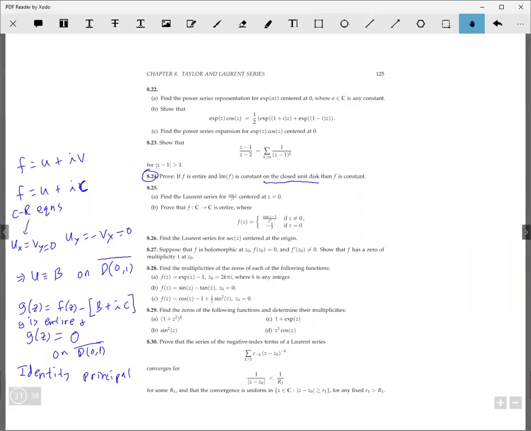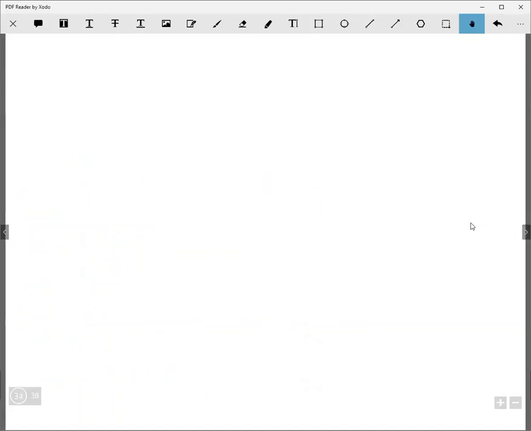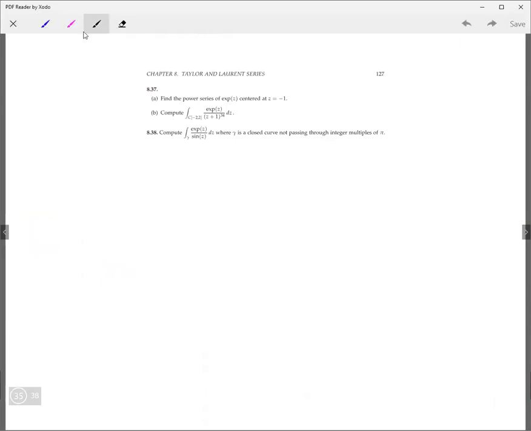Okay, let's take a look at exercise number 37. So this is on the assigned homework, right? I'll just give you some hints on how to do it.